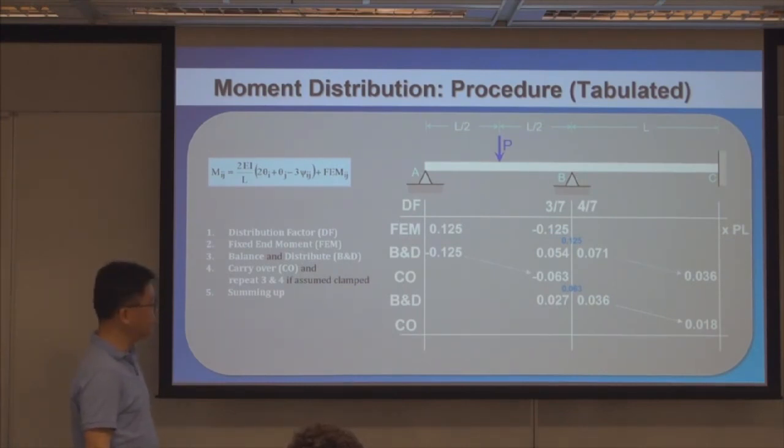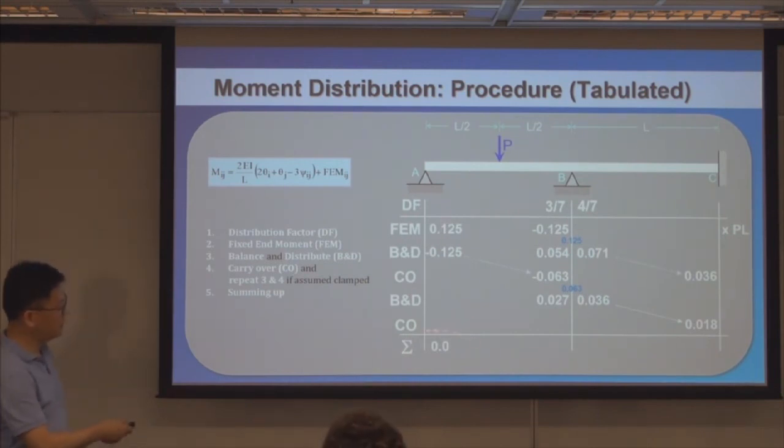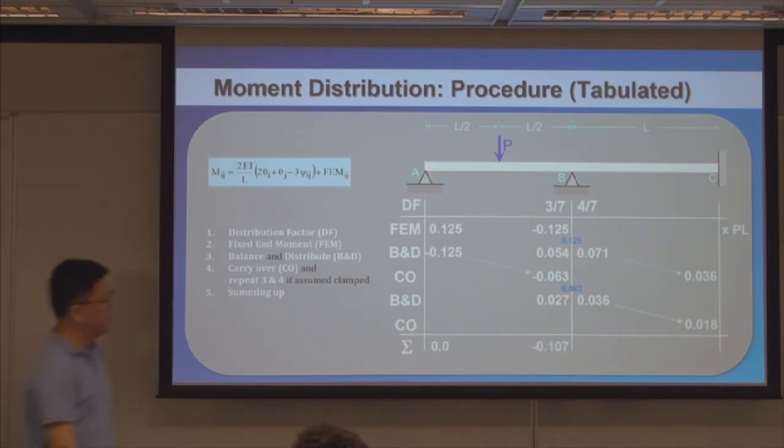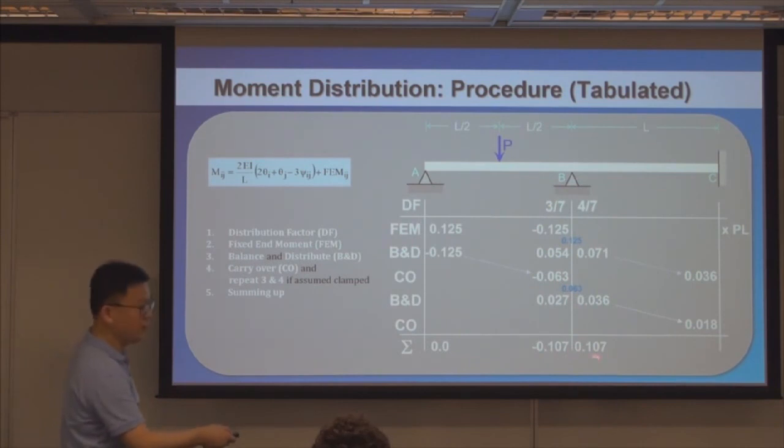After you stop, you just do summations. Again, the reason why you need to sum up is because all of these are the results of superpositions. So you sum up, and at A, no moment. Moment free, no moment. Correct. BA, this is moment BA, minus 0.107, and then sum up, 0.107.